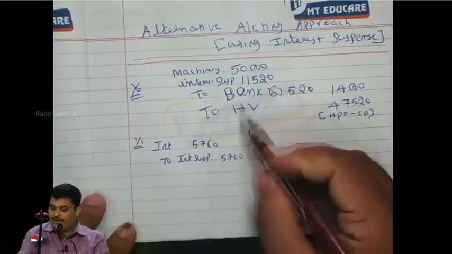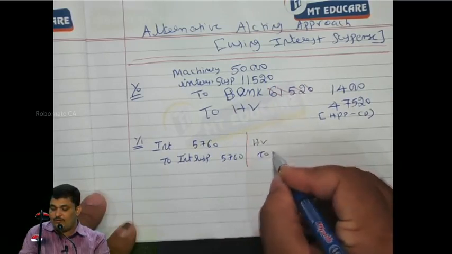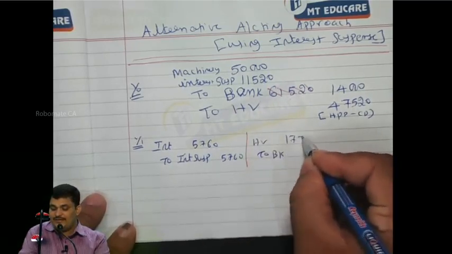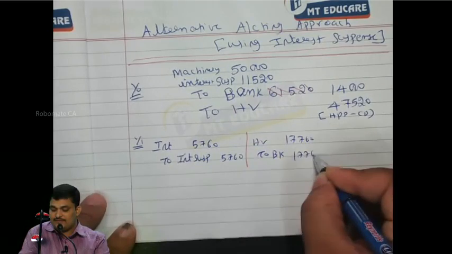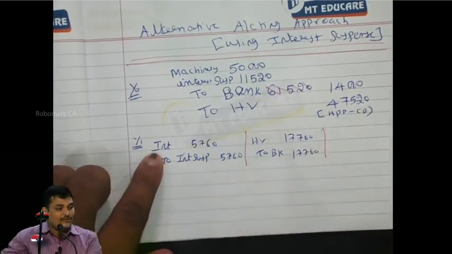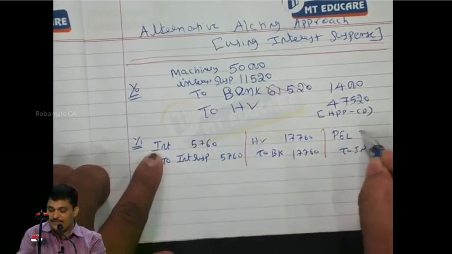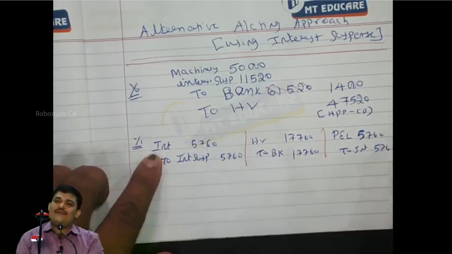Everybody. Installment payment entry remains the same. What is the entry? Hire vendor to bank, 17,760. And this interest what you booked is a nominal account, which will be charged to what? P&L account. It is P&L to interest. How much? 5760. Sir, ultimately effect is what, sir?